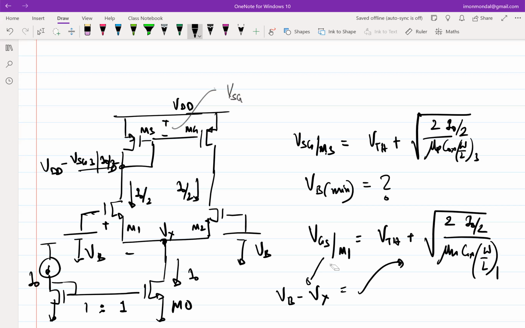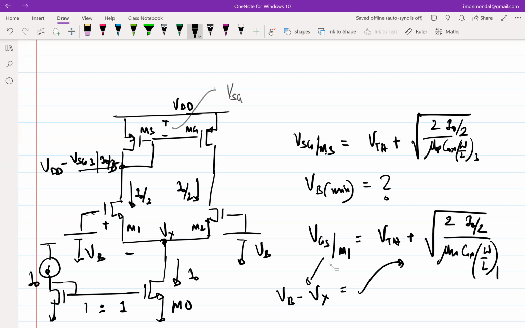And for a fixed temperature, for a fixed current, none of the right hand side terms are changing. Threshold voltage is not changing, I naught is not changing, W by L is not changing. So VB minus Vx is constant. If I reduce VB, Vx has to reduce. So what is the minimum I can go before something goes wrong?